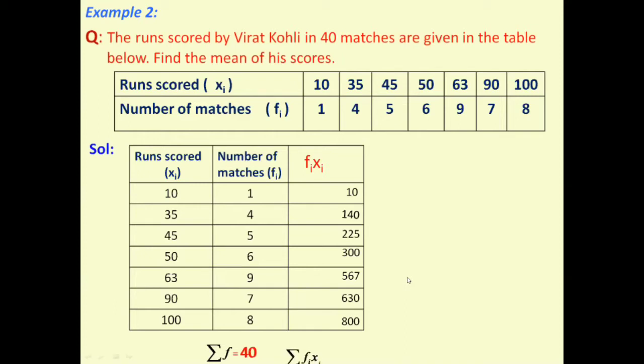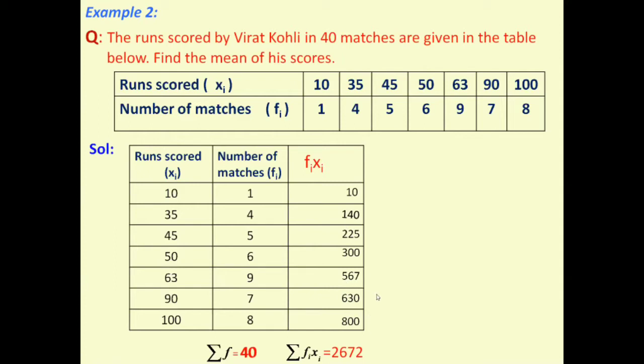Sigma fi xi is equal to how much? Adding: 7 plus 5 is 12, 1 plus 3 is 4, 4 plus 6 is 10, 10 plus 6 is 16, 16 plus 1 is 17.